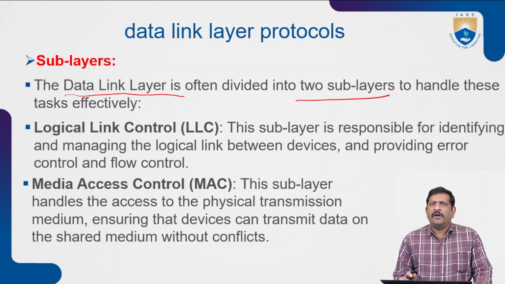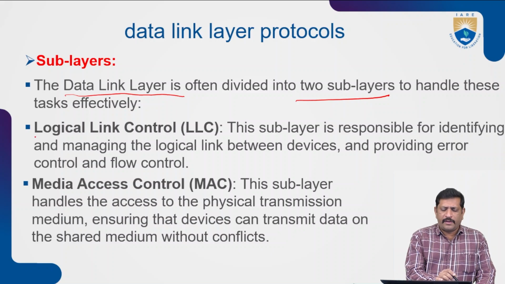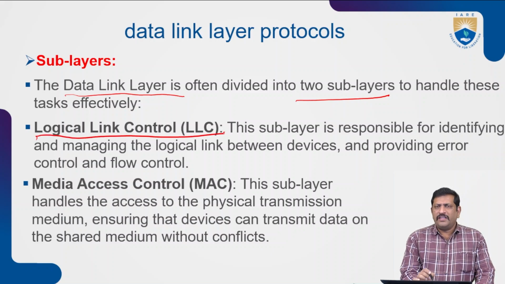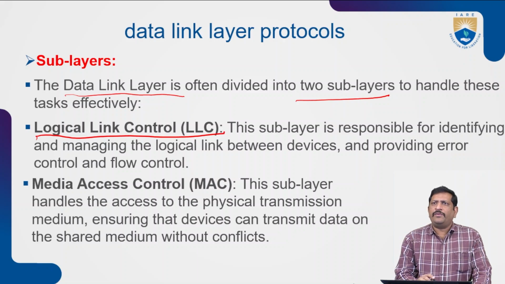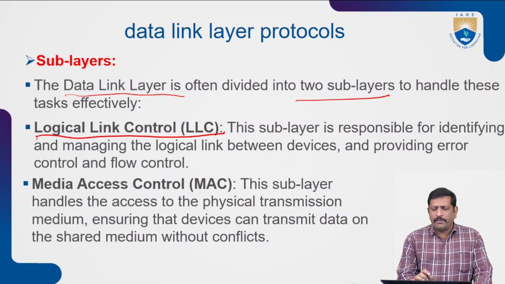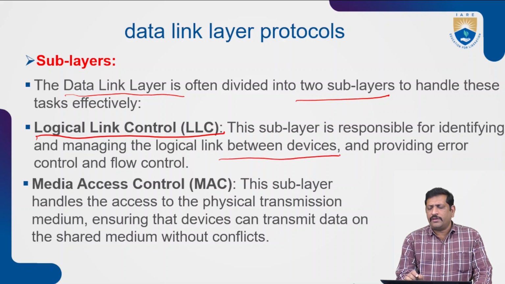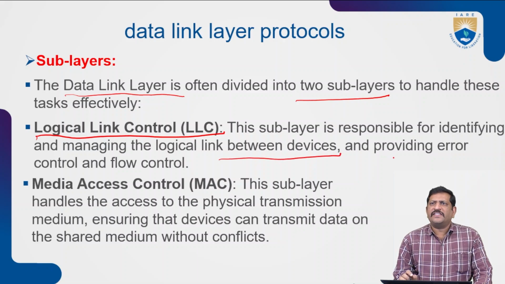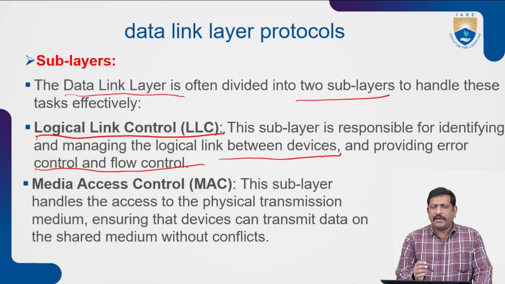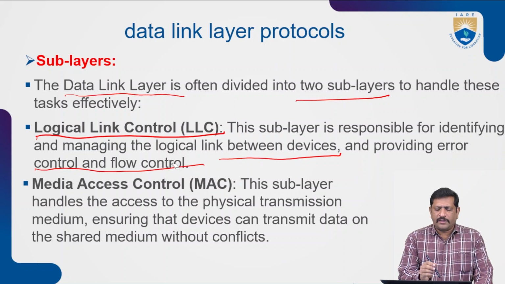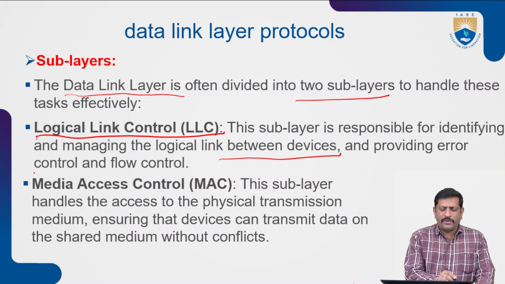First is the logical link control sublayer. This sublayer is responsible for identifying and managing the logical link between the devices or nodes, and it provides error control and flow control mechanisms. Whatever data we are transferring can be transferred without errors.